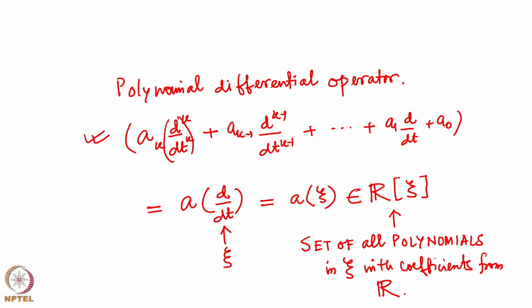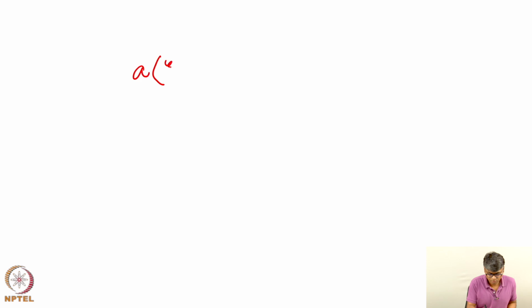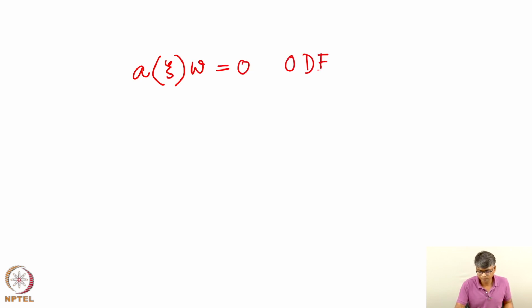Therefore, a polynomial differential operator, which looks like this, acting on a trajectory w, set equal to 0, gives me an ordinary differential equation.